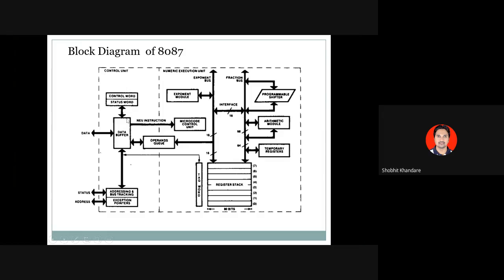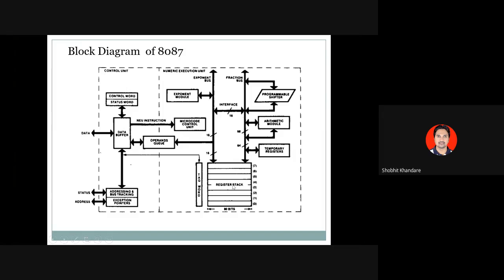So your control unit transfers the numeric instructions to the microcode. ये दिख रहा है जो NEU instructions. So your instructions are getting transferred from here to the microcode control unit of the NEU.